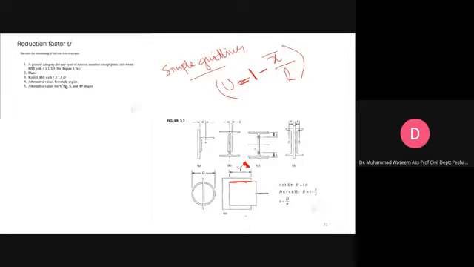For example, you can see that these are two channels, a two-channel section, and the X bar is from the centroid to the point where it is connected. Here is a simple example of a single equal leg angle. The centroid of this angle is here, and the angle is connected up to this point, so X bar will be from this point to the centroid.